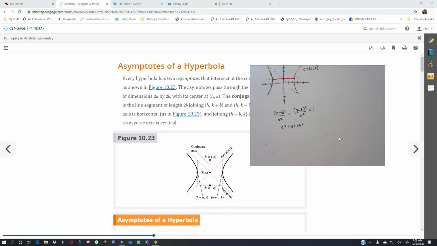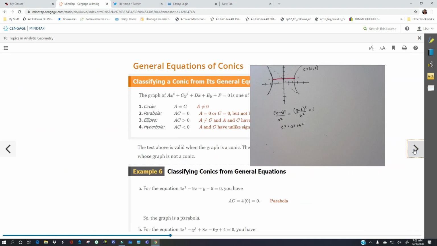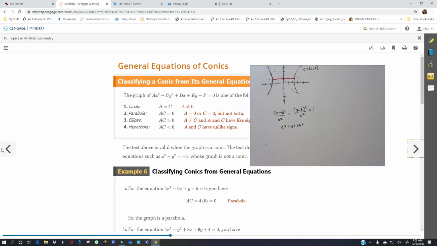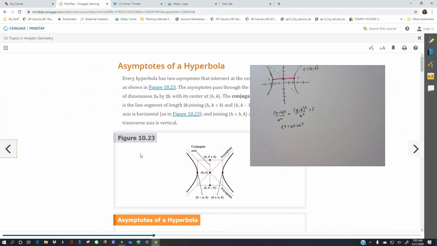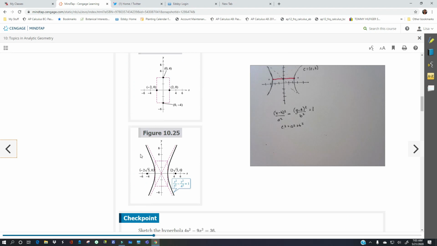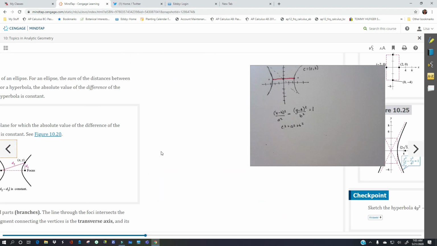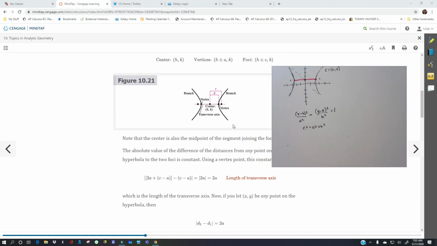Is it this one? No. Where is the picture I'm looking for? And why can't, oh, here we go. Maybe it is over here. For some reason it wouldn't let me scroll a second ago. It's here. This is the picture.